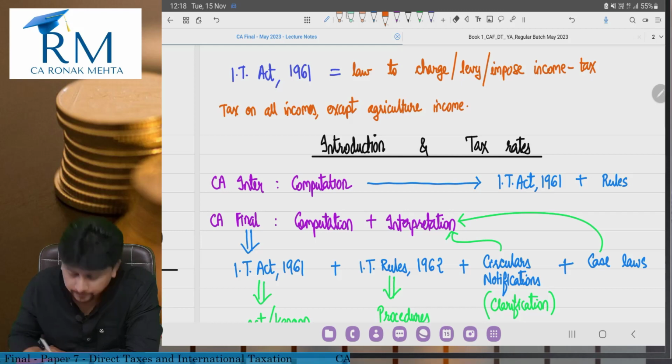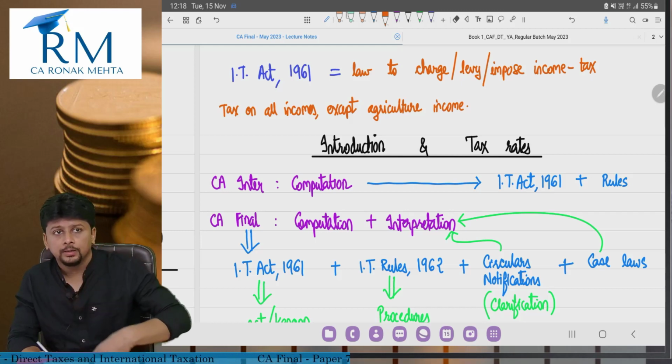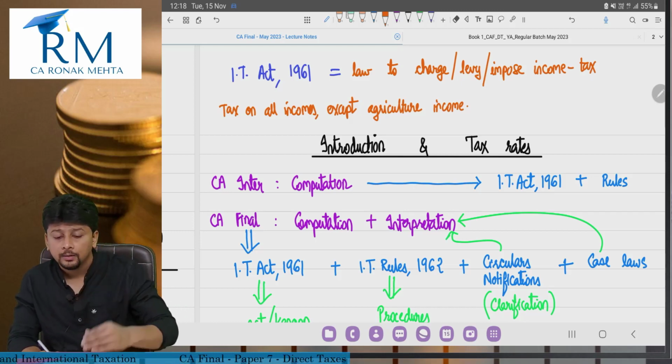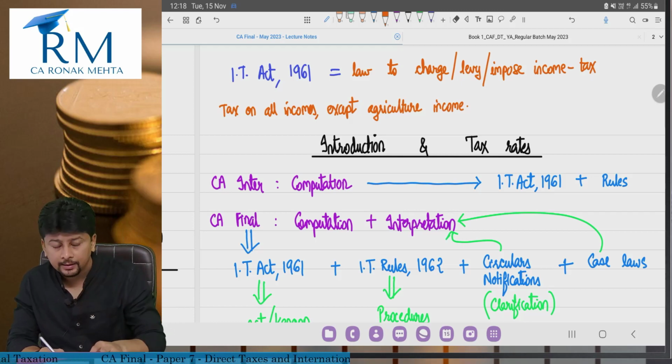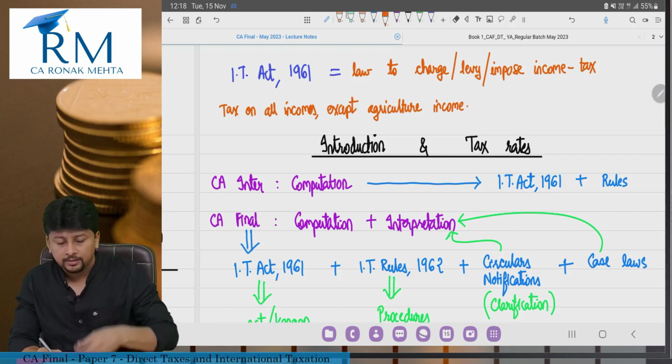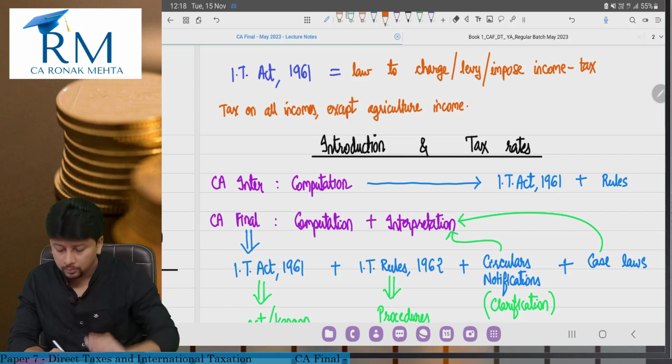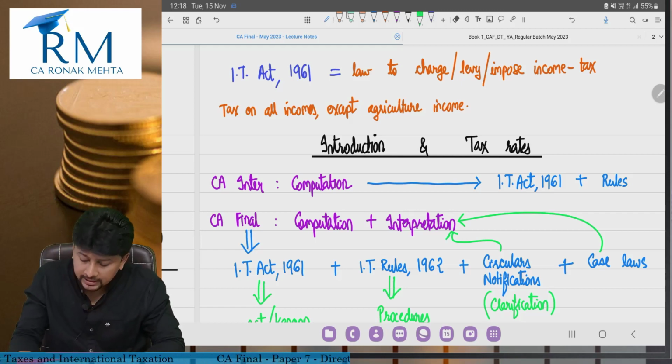Of course, when the Income Tax Act is framed, it will tell you the incomes which will be subject to tax. But that's not going to be enough.